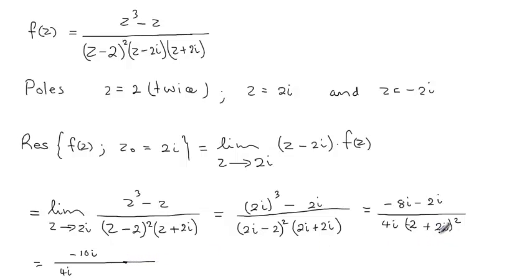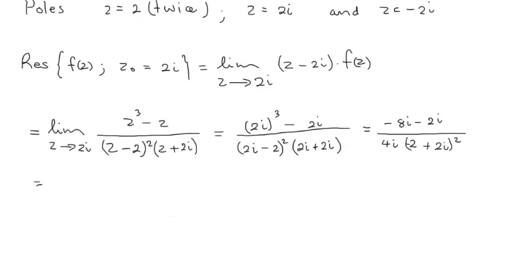And remove the brackets here, having an (a + b) squared situation. Now simplifying this expression, we've got −10i over 4i in brackets, expanding this bracket using the general form of (a + b) squared.